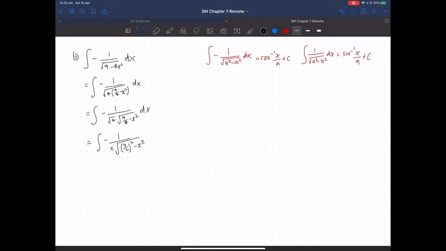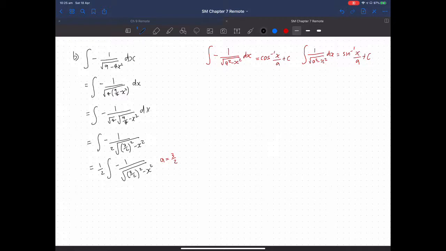We can take the 1/2 as a constant outside the integral, so we get 1/2 times the integral of minus 1 over the square root of 3 on 2 squared minus x squared. This tells me that a is equal to 3 over 2.